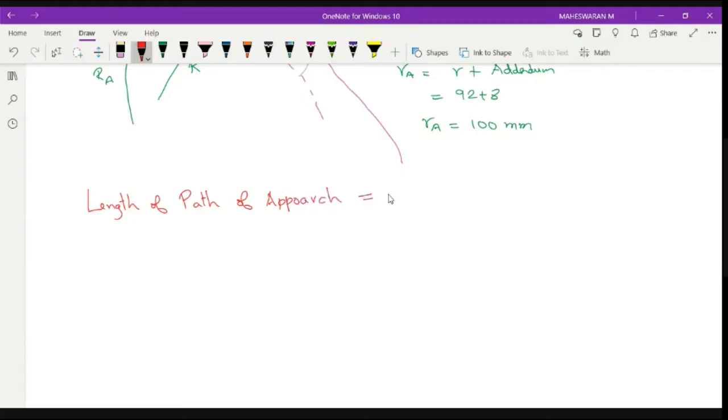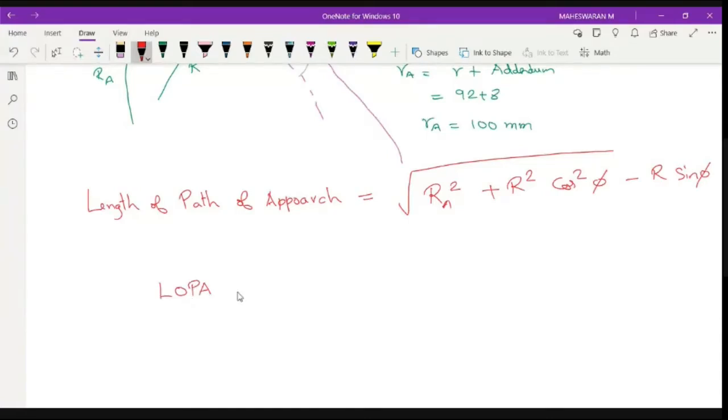So the length of path of approach is equal to the root of capital RA square minus R square cos square phi, minus r sin phi, right? Let me write it as LOPA, length of path of approach.